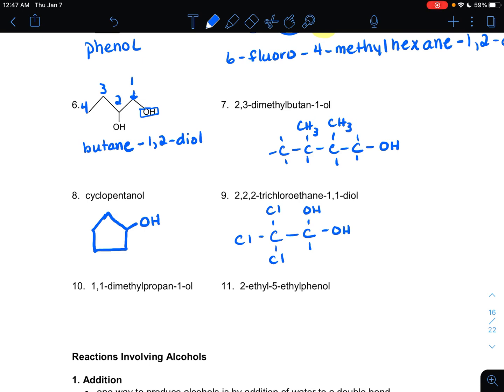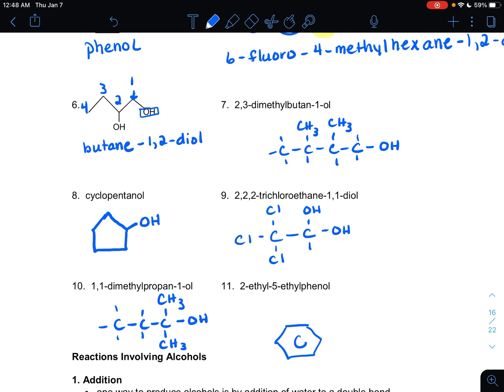Next one, 1,1-dimethyl, propan 1-ol. So here I've got a methyl group, another methyl group, and the rest are hydrogens. And here, 2-ethyl, 5-ethyl phenol.